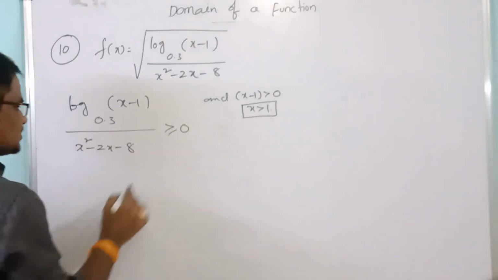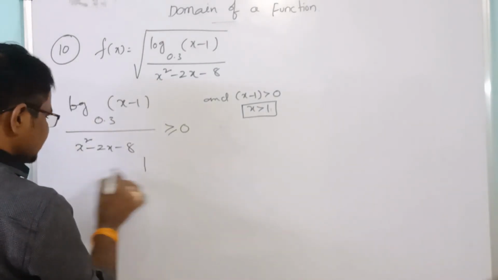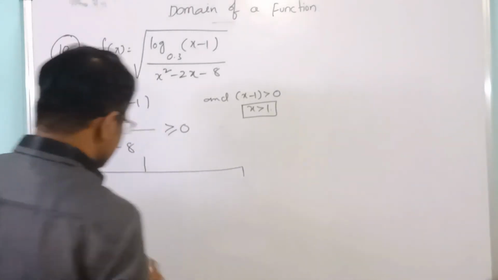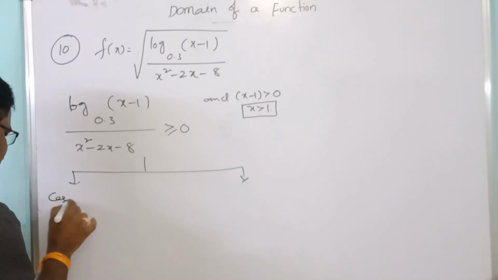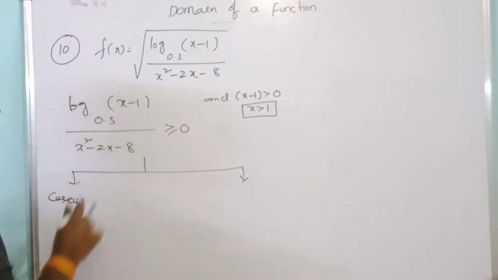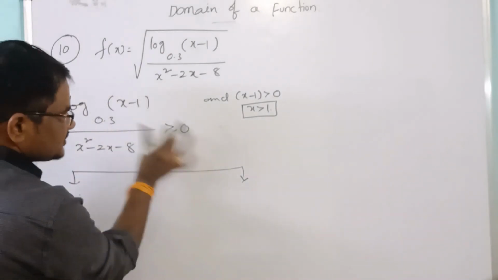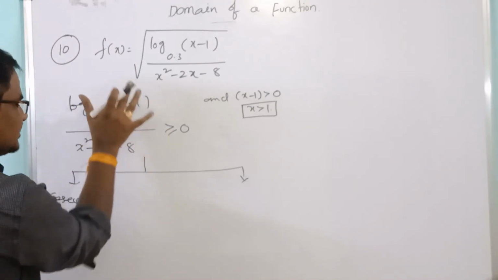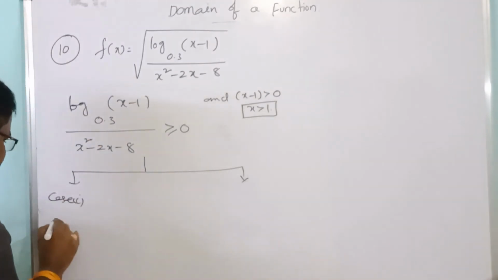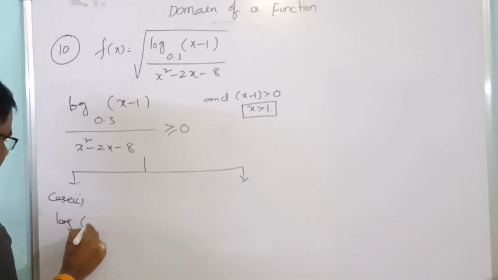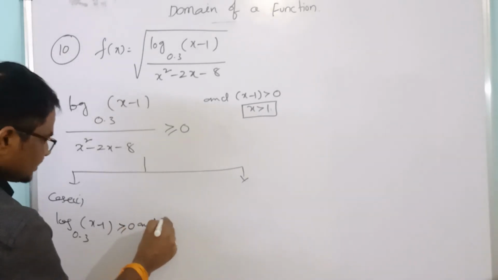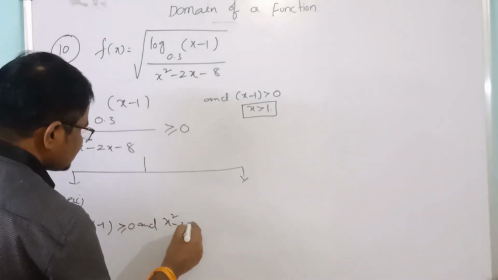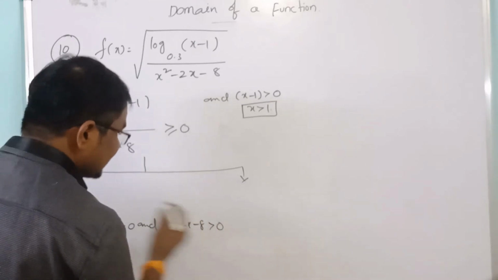Now come to this one. There are two cases, so listen carefully. In case 1, when it is greater than or equal to 0, this is positive and this is positive. Means log of (x − 1) to the base 0.3 is greater than or equal to 0 and x² − 2x − 8 is greater than 0.